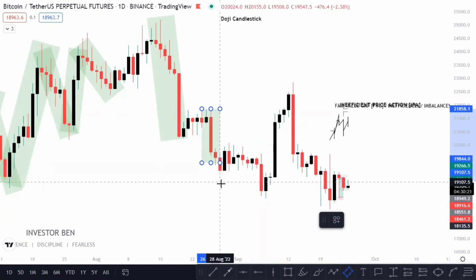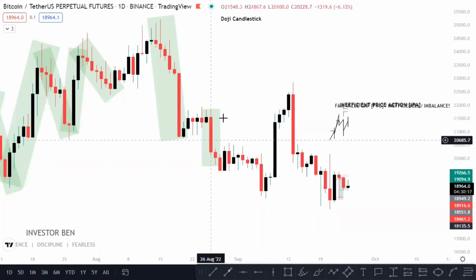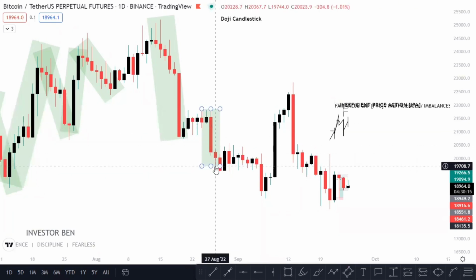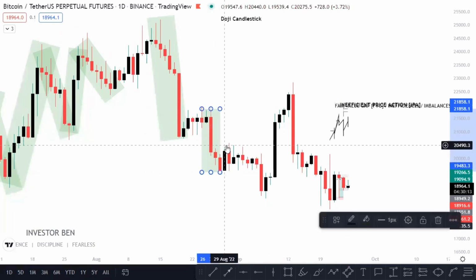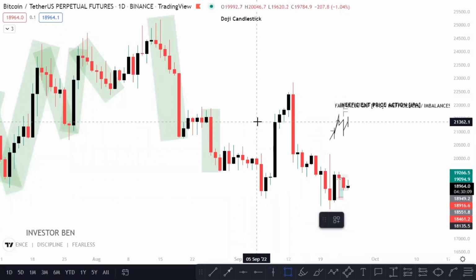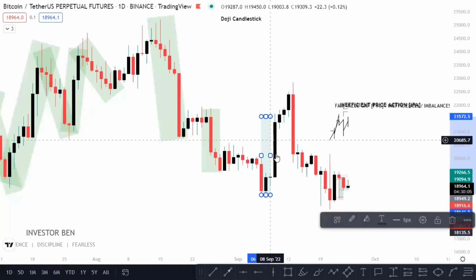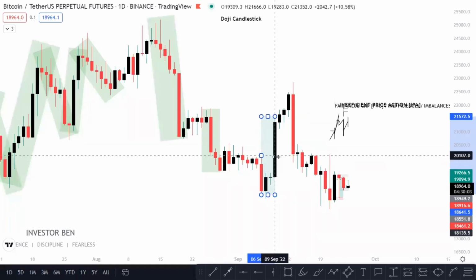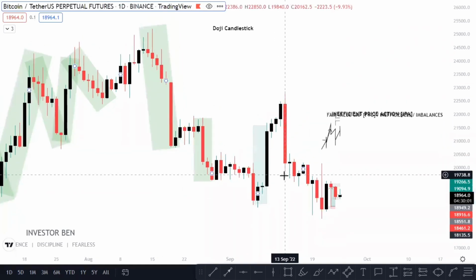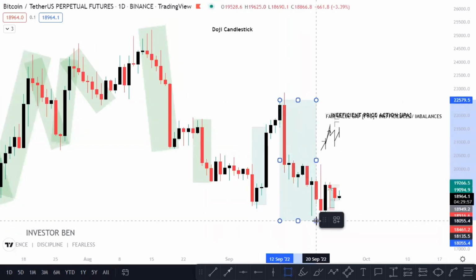Interesting. So we had price creating this inefficient move, this candlestick with a huge sell volume, and price will come back and cover every one of them up. And we kept on creating those things.